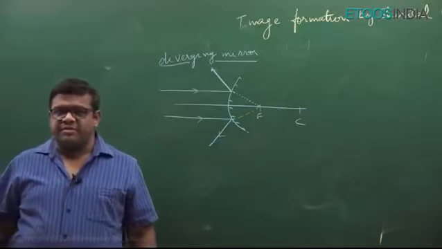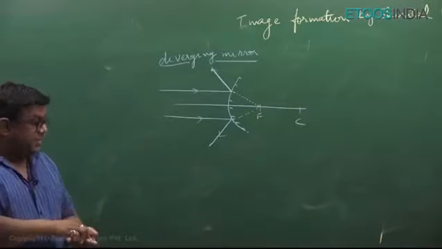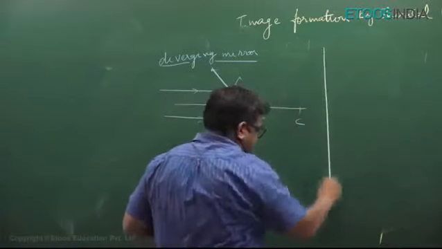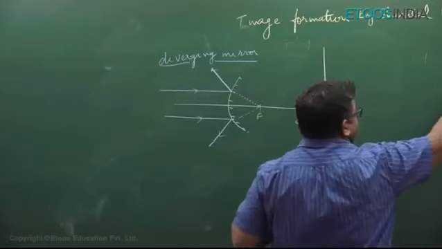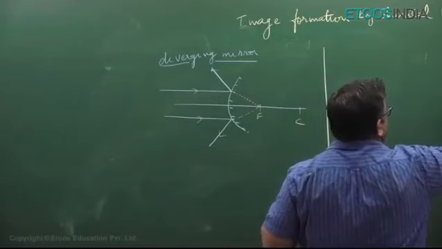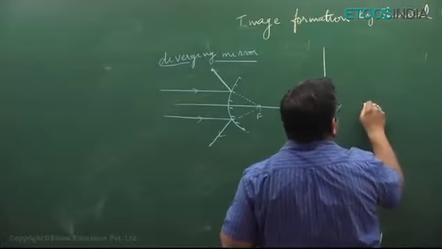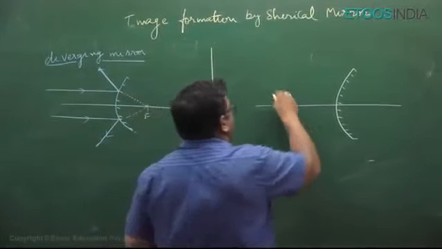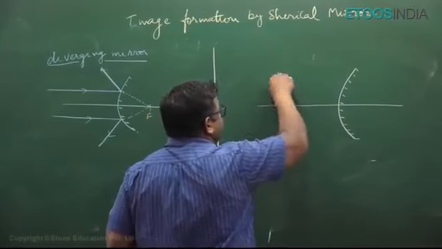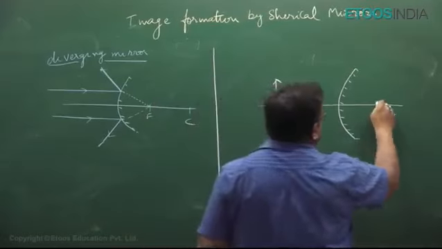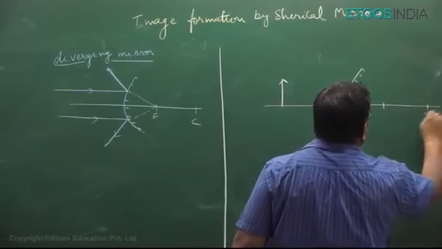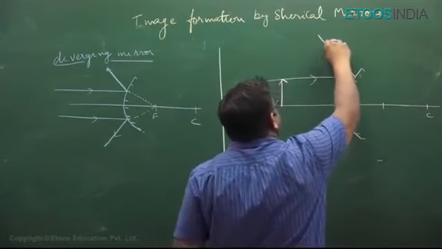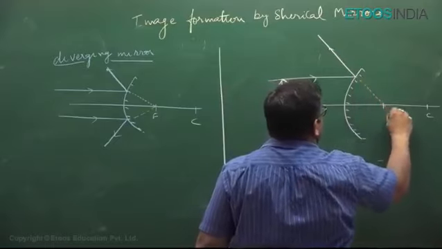Am I clear? Now, next thing, if I want to see that object is placed nearer to it, okay, now the object is placed here. What happens in this case? A ray which is parallel to principal axis will diverge and appear as if coming from focus.